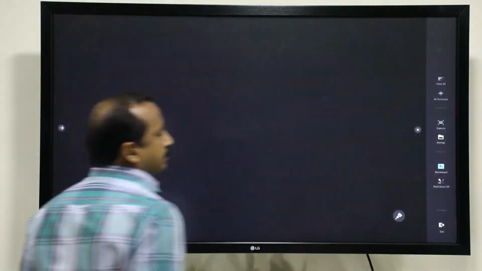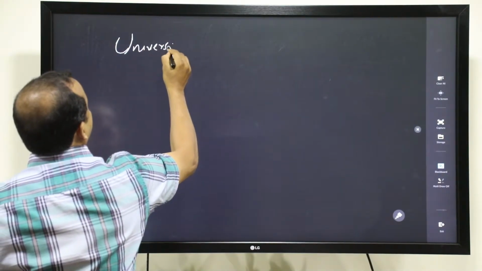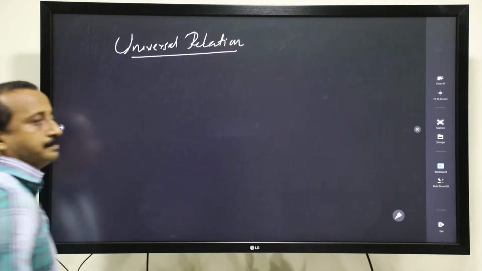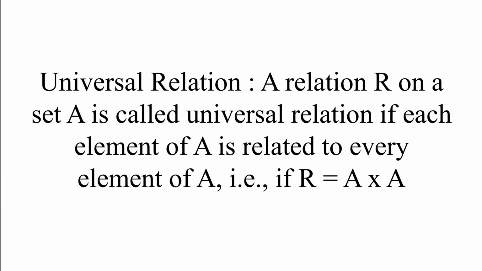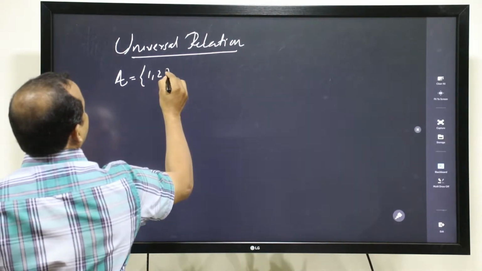Now the second relation is the universal relation. What is a universal relation? The definition states that a relation R on a set A is called a universal relation if each element of A is related to every element of A. That means here we consider the set A equal to 1, 2, 3.